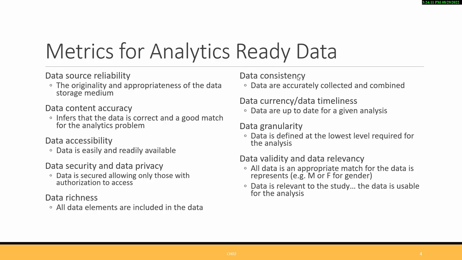Data consistency is again a very important metric. What that means is that the data are accurately collected and combined or merged. Let's say you are taking data from multiple sources, or combining them, or you have multiple copies of the same data.